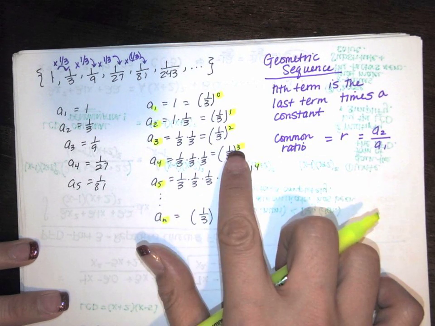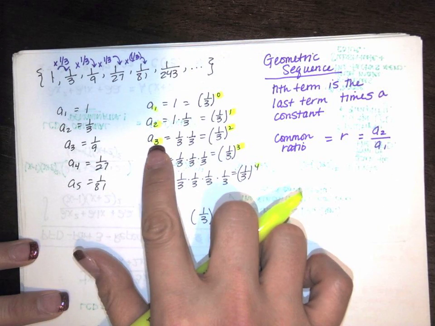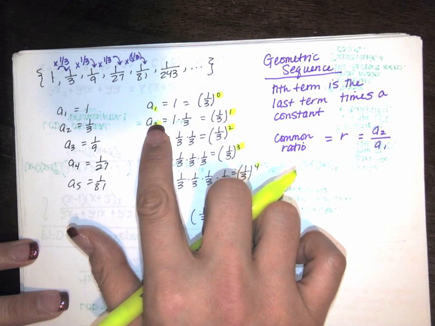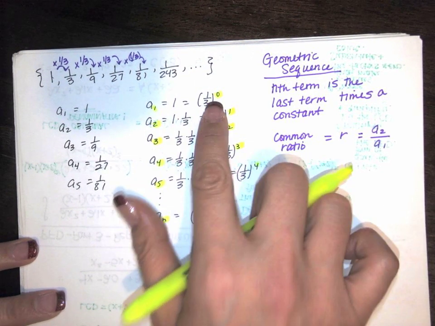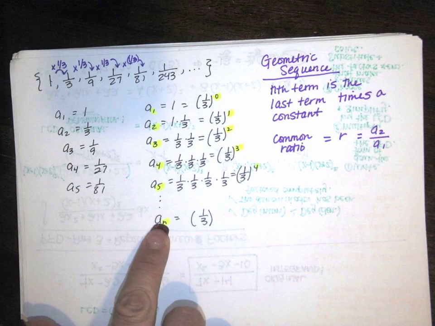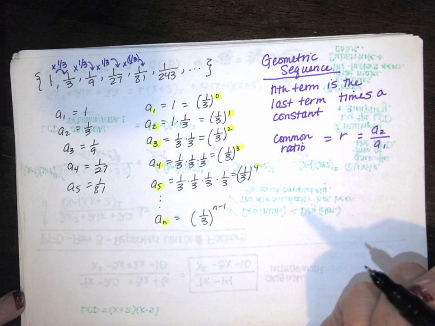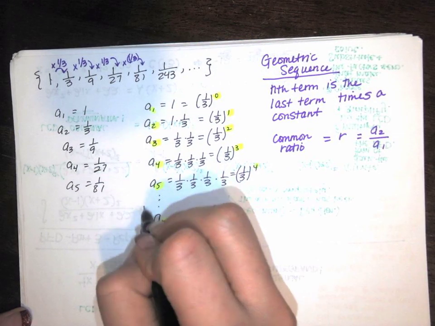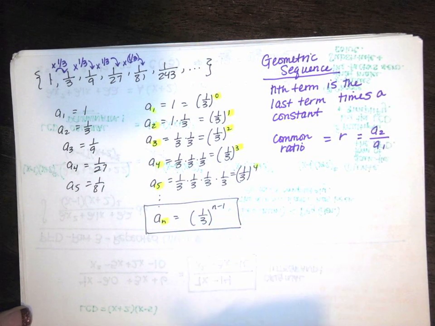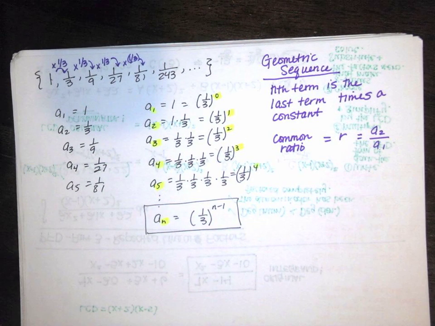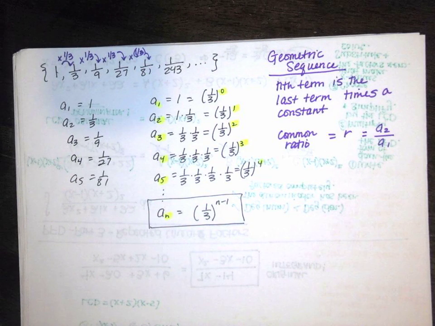And 1 less than 4 is 3. And 1 less than 3 is 2. And 1 less than 2 is 1. 1 less than 1 is 0. What's 1 less than n? I'm going to call that n minus 1. So this is the formula for the nth term of this geometric series, or excuse me, geometric sequence.